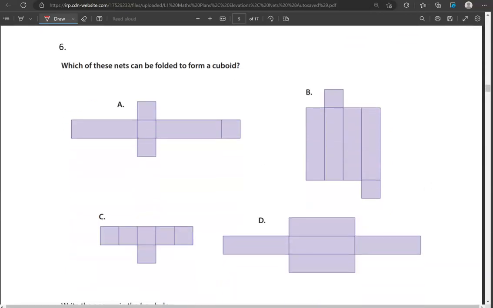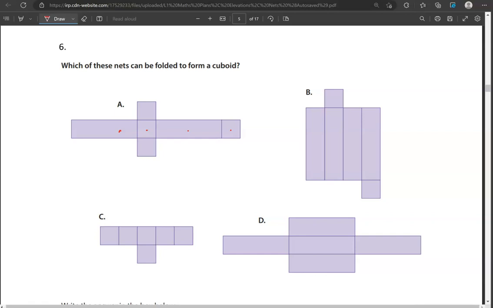Which of these nets can be folded to form a cuboid? So we're looking for squares and rectangles. A is not the correct one because we haven't got 4 rectangles lined up. As you can see, we've got rectangle, square, rectangle, square.